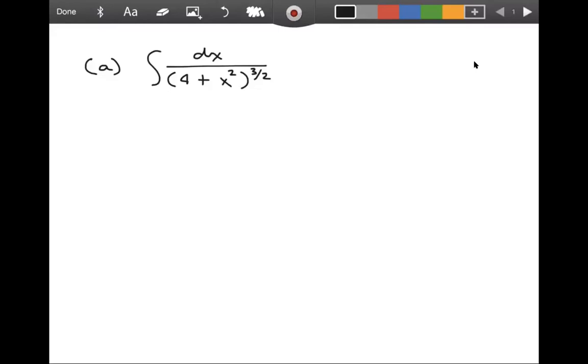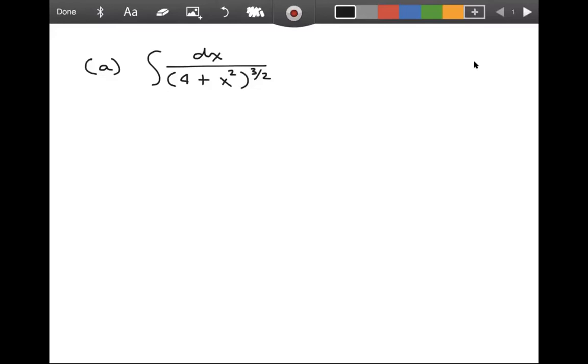All right, so here's our first example, the integral of 1 over 4 plus x squared to the power 3/2 with respect to x. Notice there is no square root symbol in here, but remember that 3/2 power is a type of square root. It means the square root raised to the 3rd power.